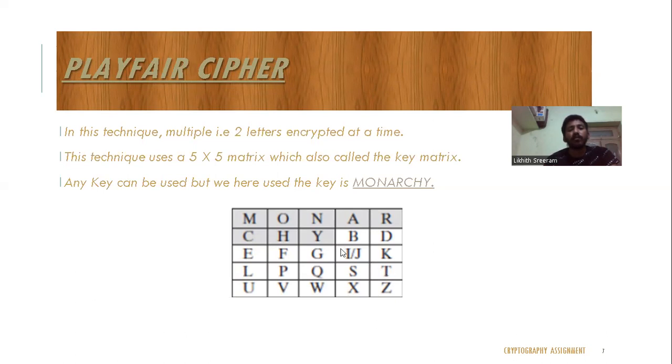We have used I/J because of the frequency of use in English alphabet letters. I and J are equivalent, so we have given equal importance to I comma J. We arranged these letters in a single box, so that we covered the 26 letters in 25 boxes.